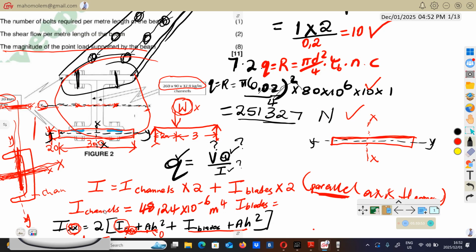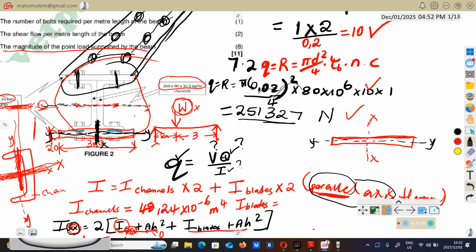Now, since we're looking for IXX, then we're using the parallel axis theorem. For the blade, the axis parallel to XX between these two, between this one here and this one, you can see the x-axis like this.